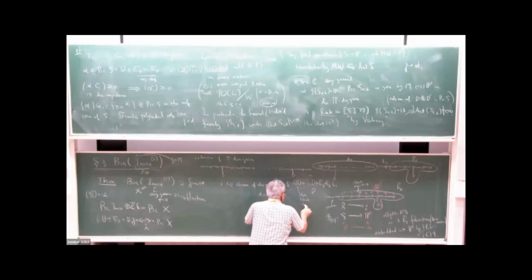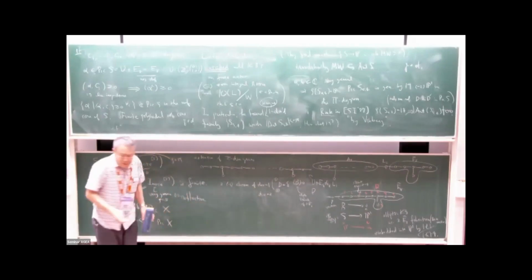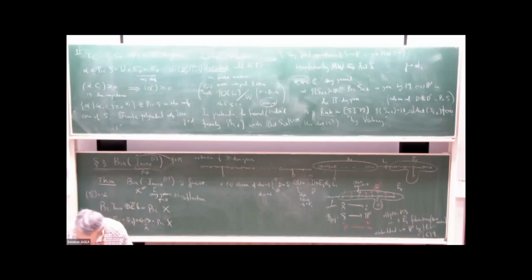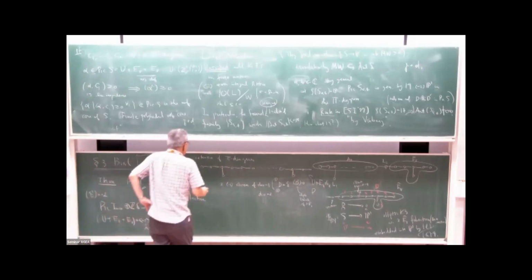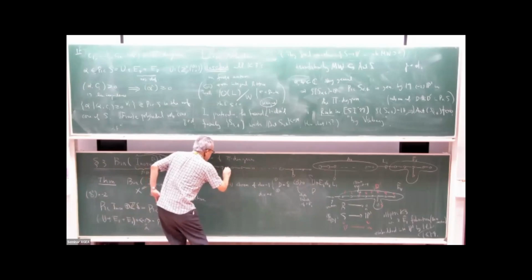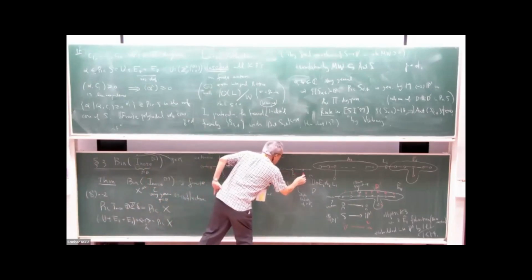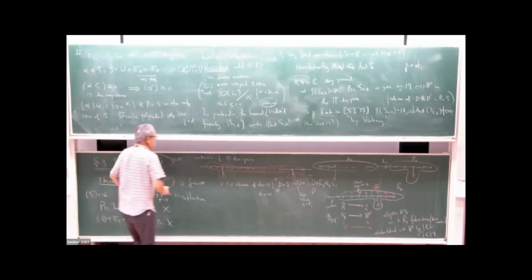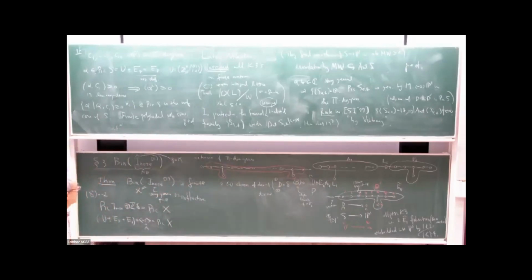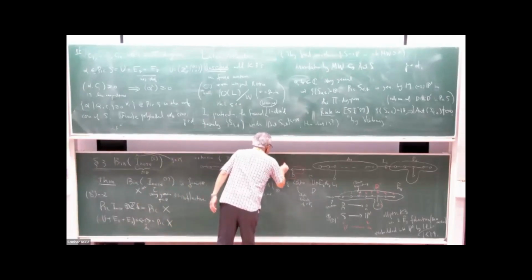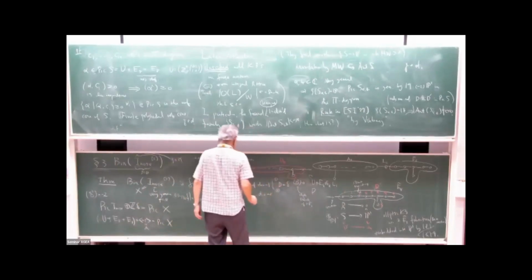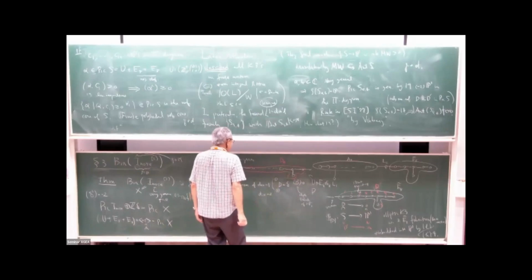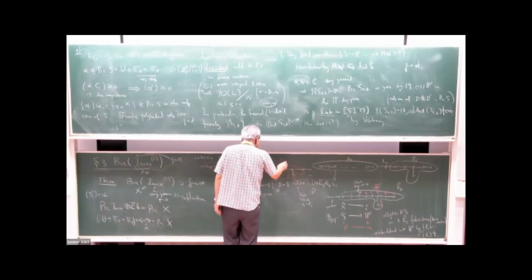The second one: you can find another elliptic fibration by choosing this way. Then how many vertices does this one have? This has 17 vertices. Am I correct? 16? 17, yeah.